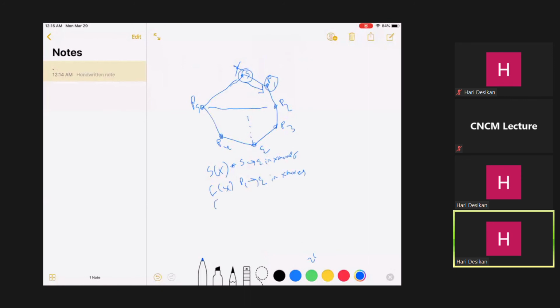And I'm going to call F of x the number of ways to get from P2 to E, or this should be P2 and this should be P3 to E in x moves. Now note that before I had P1 to E in x moves, but this would be redundant because the number of ways to get from S to E in x moves is the same as the number of ways to get from P1 to E in x moves, simply due to symmetry. There's a symmetry along this line.